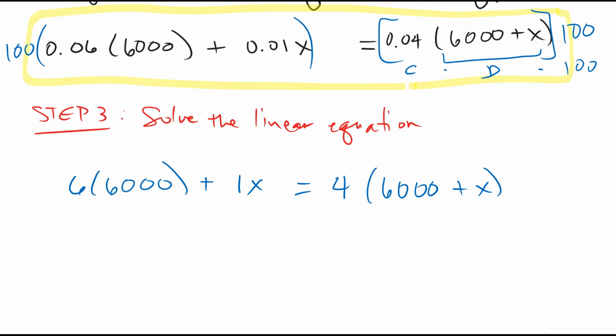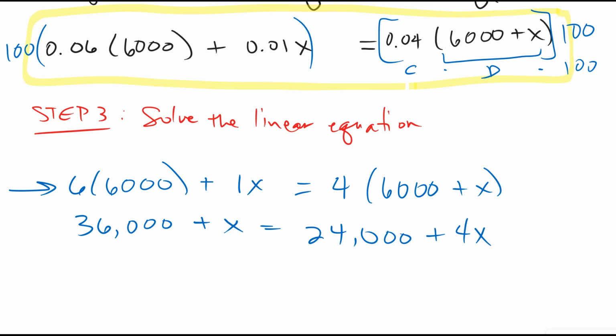All right, and now here we have a very simple linear equation. So we get 36,000 plus X equals 24,000 plus 4X. So here we'll be careful to distribute our 4 over the addition. Now we're going to get everything with X on one side and everything else on the other.